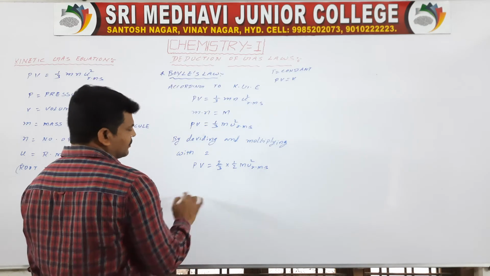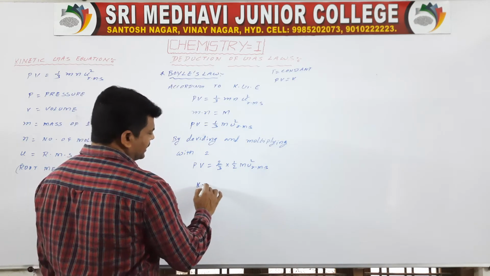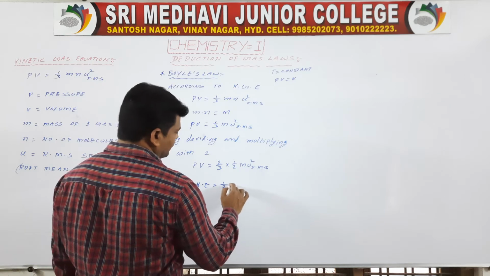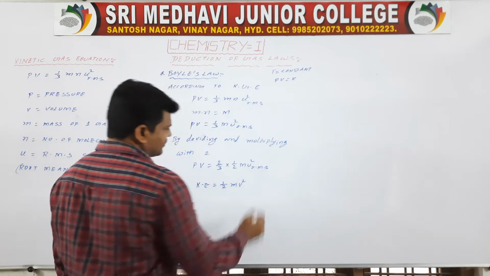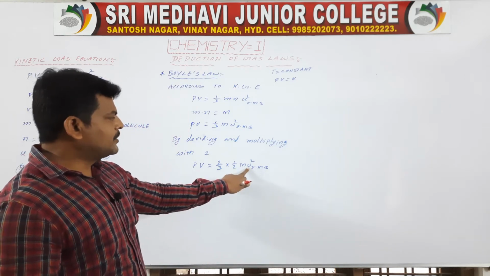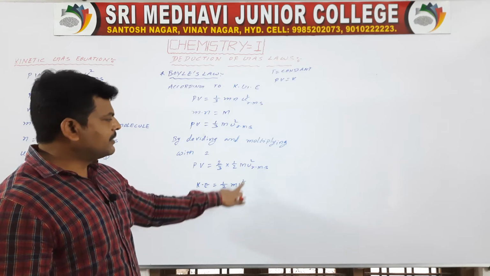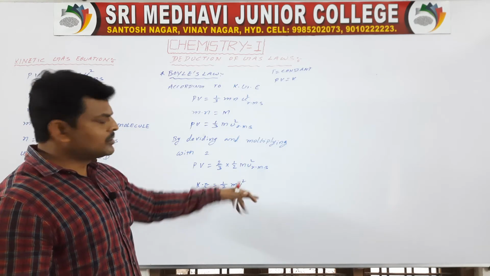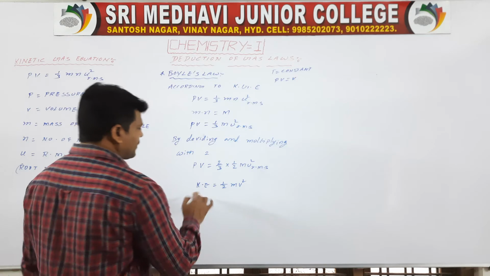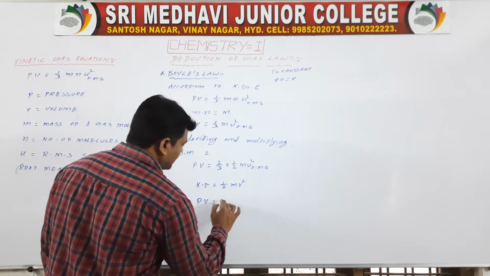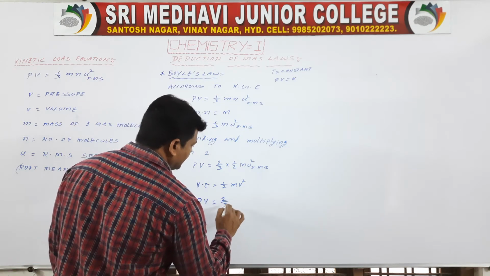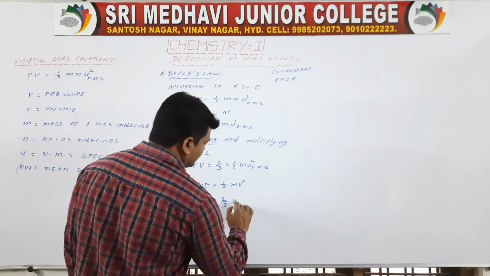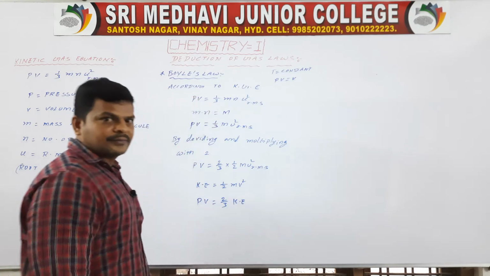So we know kinetic energy equal to half m v square. In the place of v, here u is there, so both are velocities, so no problem. So PV equal to 2 by 3 KE.